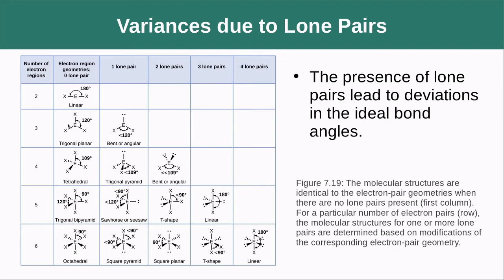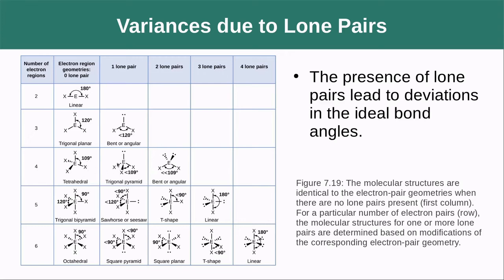In this example, we have our trigonal planar, and everything's 120 degrees apart, giving us 360 degrees all the way around. But when we put in this lone pair, we're going to expect that these two are going to get squished together a little bit, and we're going to have less than 120 degrees. Similarly, in a proper tetrahedron, they're all 109 degrees apart.